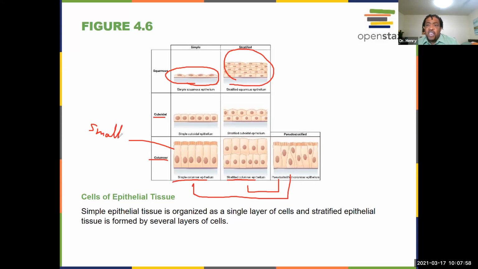Okay, and where we may end up with things that are a little more complicated, say these guys here are found in mucus secreting cells.